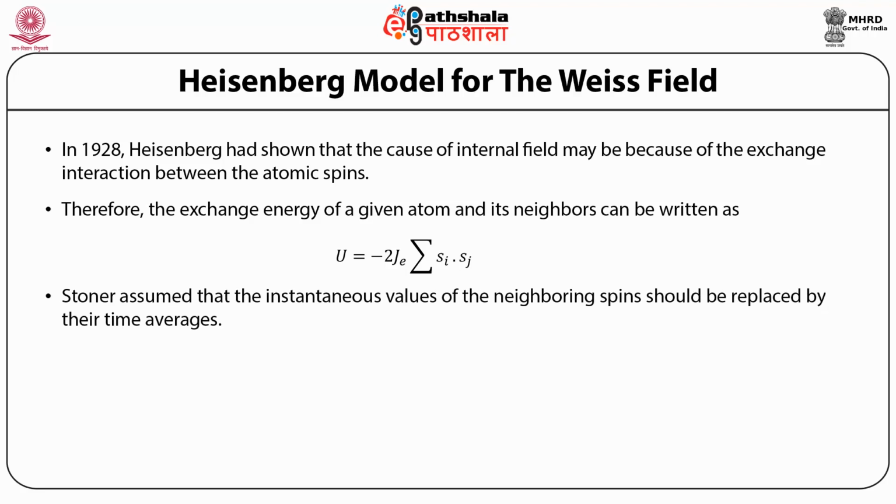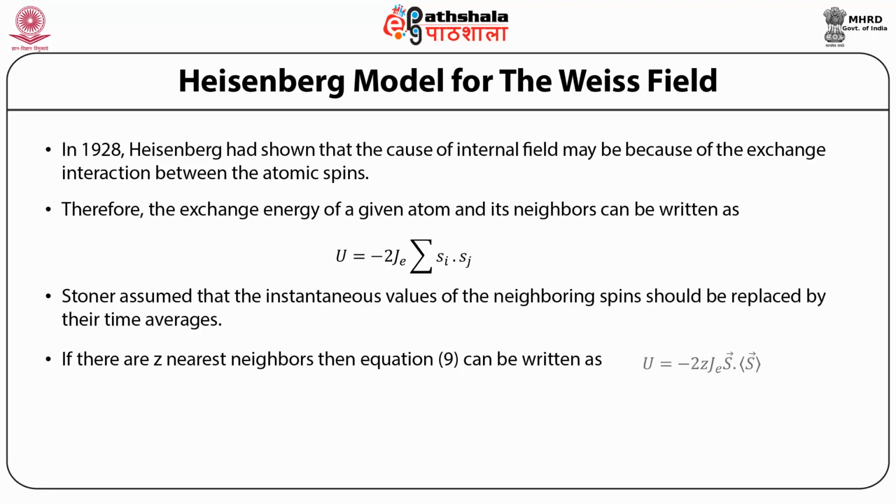Stoner assumed that the instantaneous values of neighboring spins should be replaced by their time averages. If there are z nearest neighbors, then equation 9 can be written as U equal to minus 2 z J_e S dot expectation value of S, where the expectation of S is the average spin of adjoining neighboring atoms.